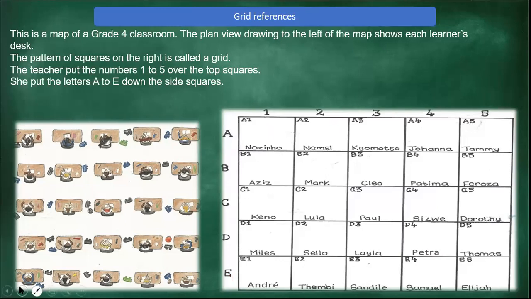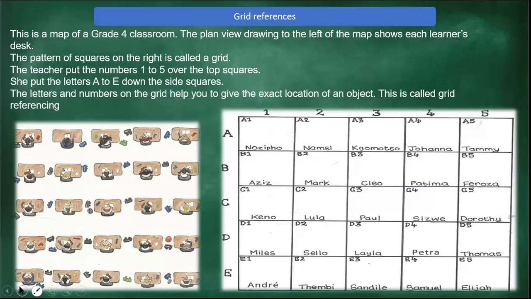Aside from the squares, the letters and numbers on the grid. So these letters that the teacher has put and the numbers help you to give the exact location of an object.